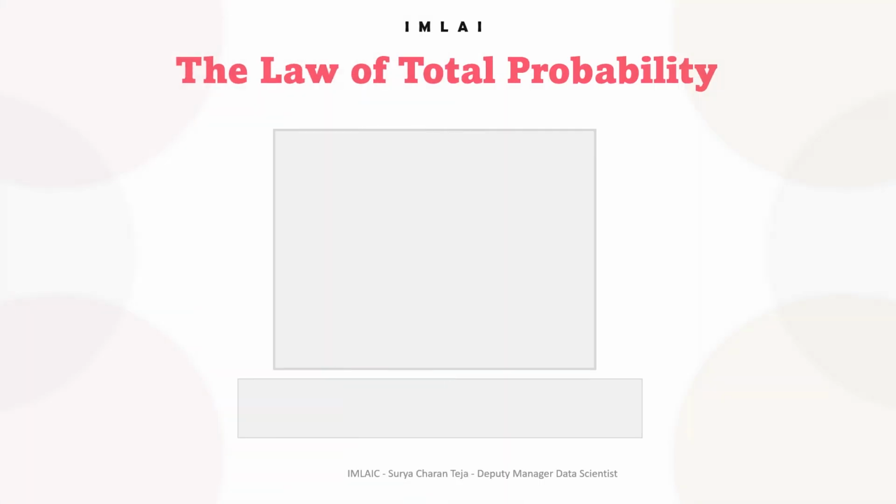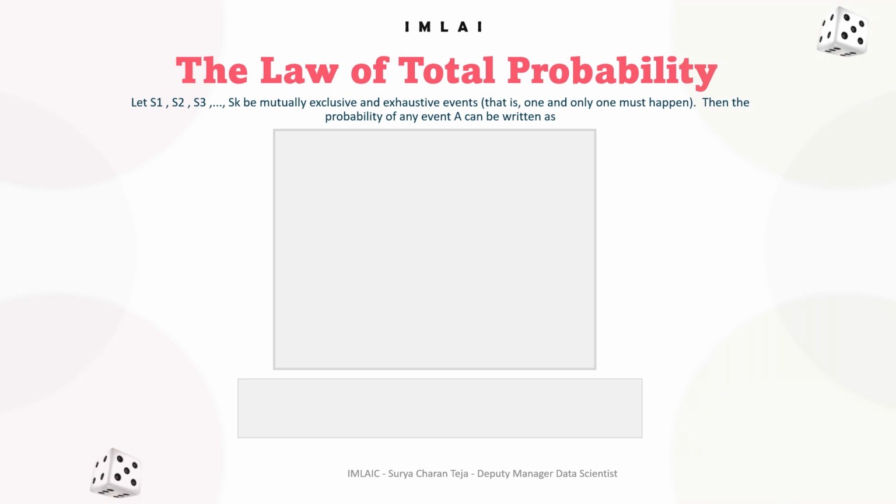Now let's look into the law of total probability. The law of total probability is a fundamental concept in probability theory that states that the probability of an event can be expressed as the sum of the products of the conditional probabilities of the event occurring given each possible condition weighed by the probability of each condition.